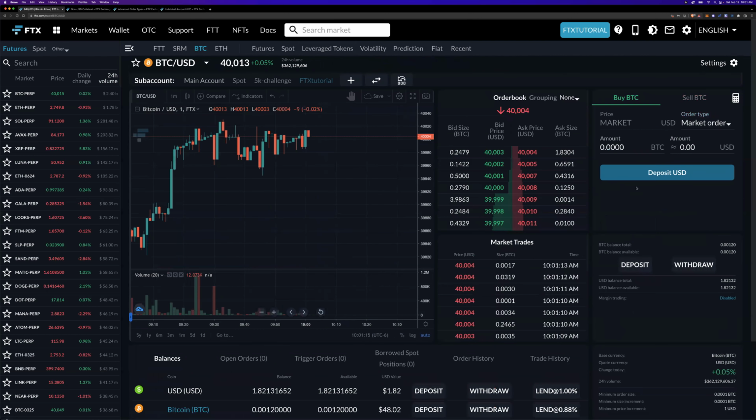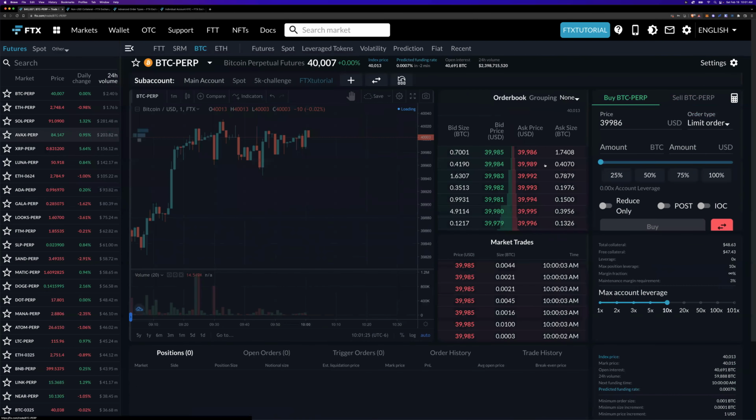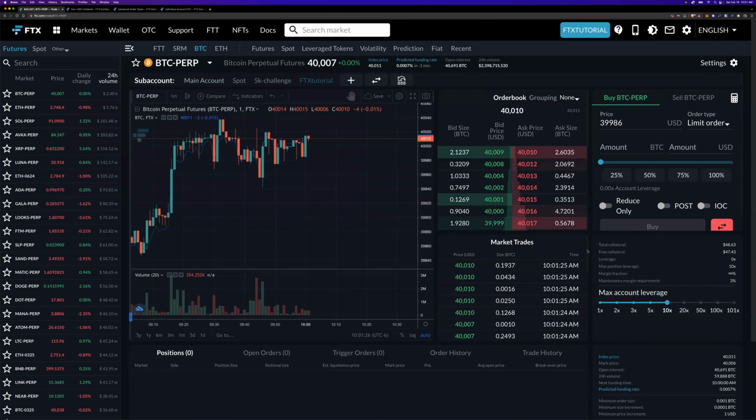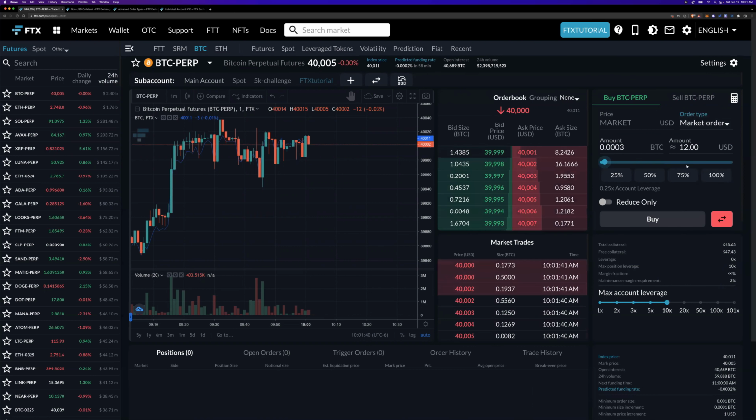What can I do with that $48? Well, I can sit just in my spot position in the market, or I can do this. I can go back to the futures market. And now you see it says, hey, I have free collateral of $47.43, meaning the Bitcoin spot that I just bought, I can use that same collateral to lever up in the market and use that basically as money against my futures or my leverage positions.